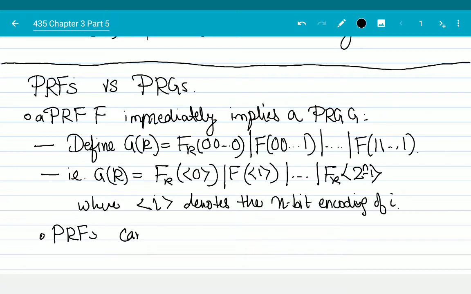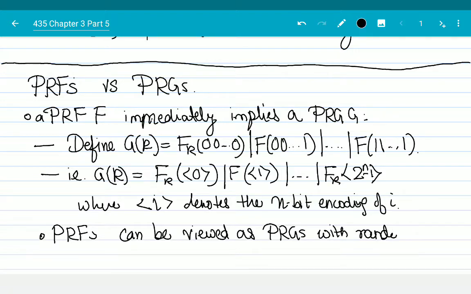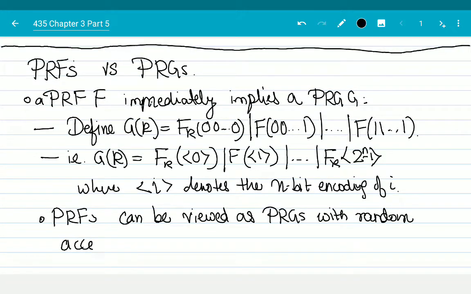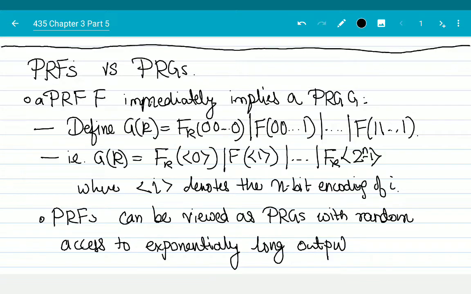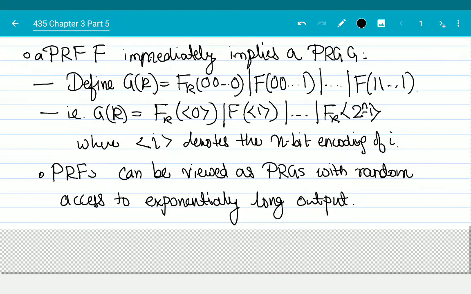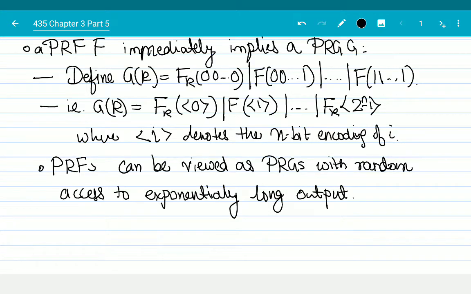PRFs can be viewed as PRGs with random access to exponentially long output. Why is it an exponentially long output?